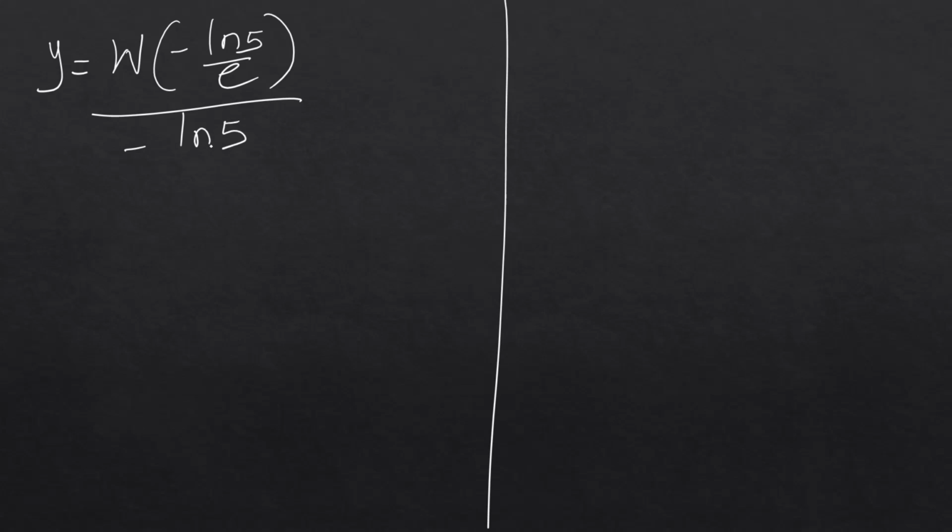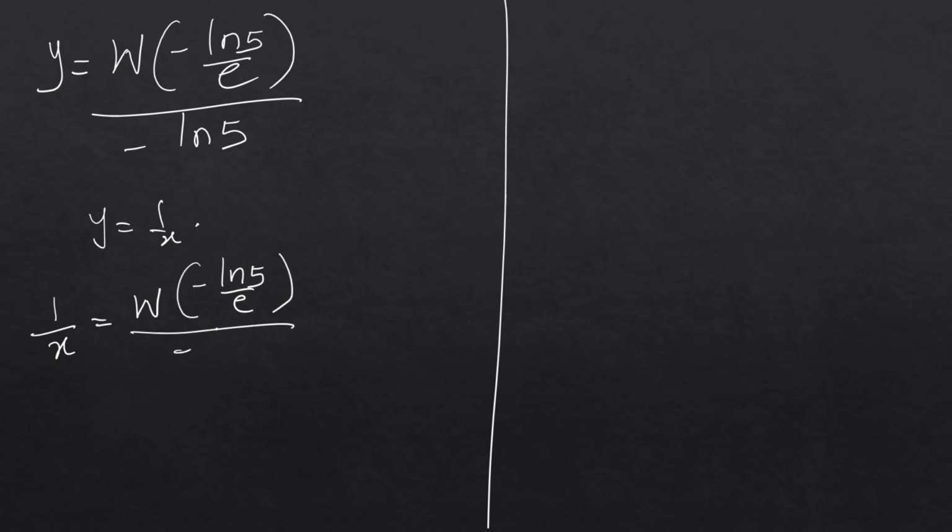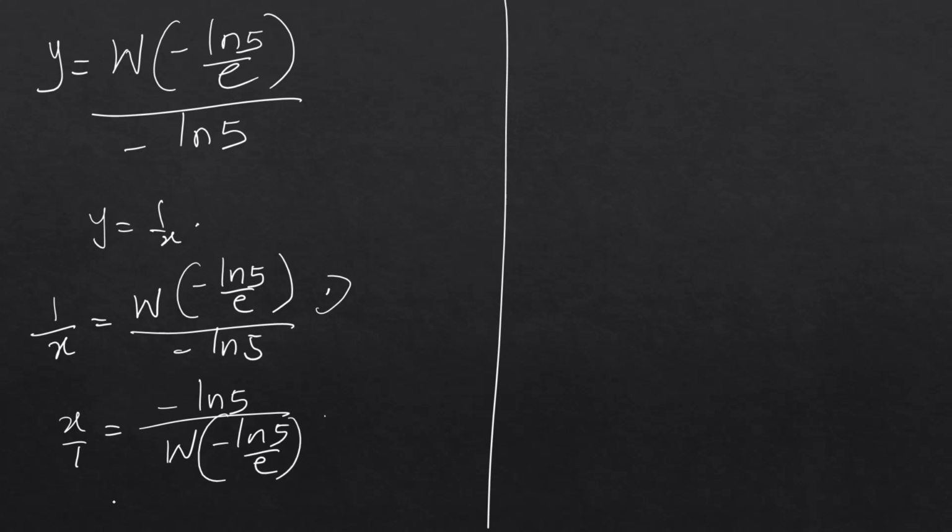Now remember, y is equal to 1 over x. Therefore, 1 over x is equal to the W function of minus ln 5 over e, divided by minus ln 5. If 1 over x is this, that means x over 1 is going to be, let me rewrite this, minus ln 5 all over the W function of minus ln 5 over e. So this is the answer to this question.